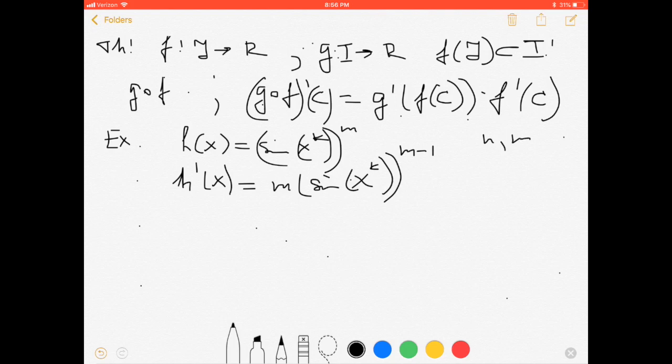In this situation, n and m are both natural numbers. Multiplied by the derivative of the next function, the derivative of sine, which is cosine x to the power k. And times the derivative of x to the power k, which is k x to the power k minus 1. Here we found the derivative using the chain rule.